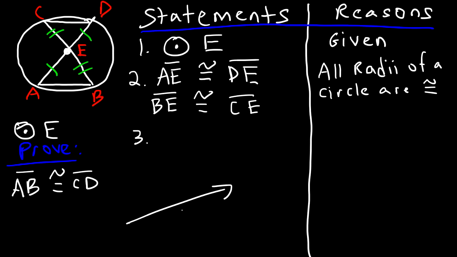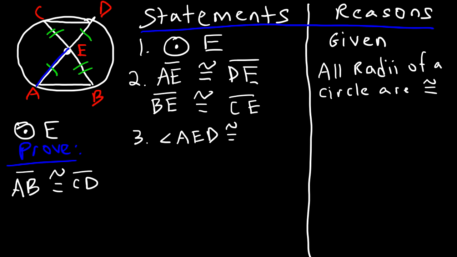Whenever you have two lines or two segments that intersect each other, well, technically two lines, they will always produce vertical angles, and vertical angles are congruent. So what we could say is that angle AEB is congruent to which angle?